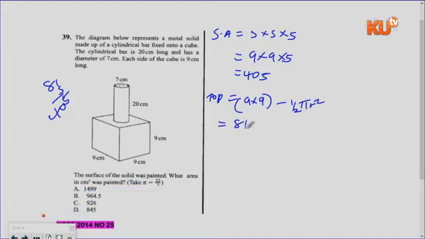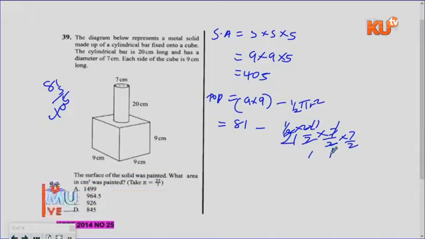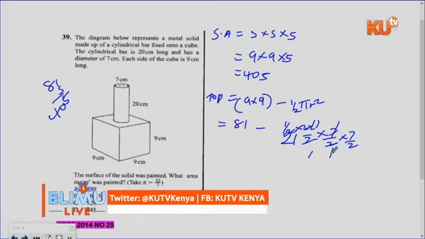So 9 times 9 is 81 minus 22 over 7 times radius. So what is the radius? 7 over 2 times 7 over 2. So what do we have? We have 77. Okay. So just a minute.